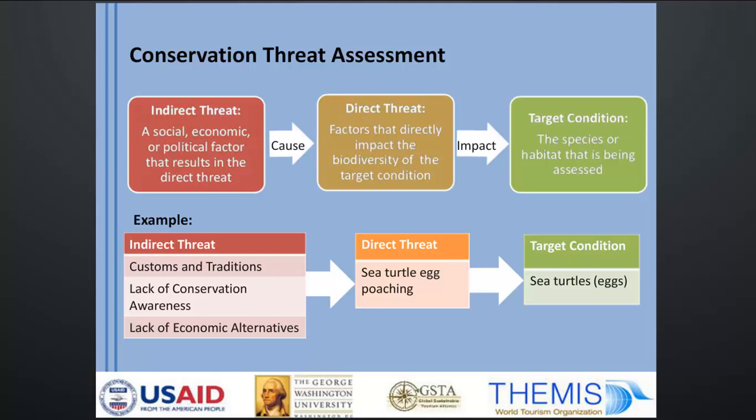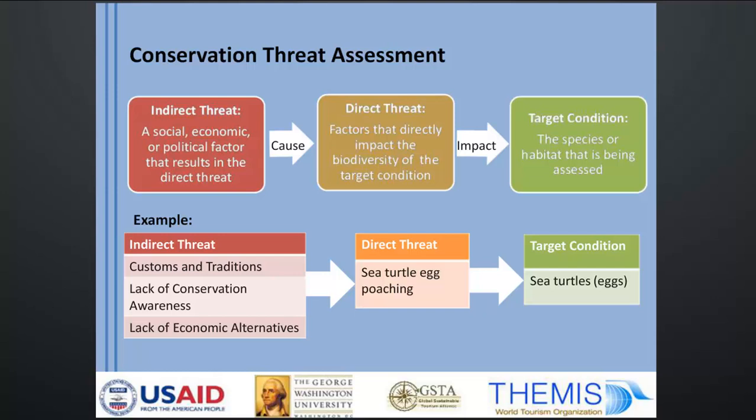Again, things like illegal hunting, illegal logging, overfishing, unsustainable agriculture. There is a process that is touched on within the conservation models and strategies course that simply explains the process of assessing conservation threats.